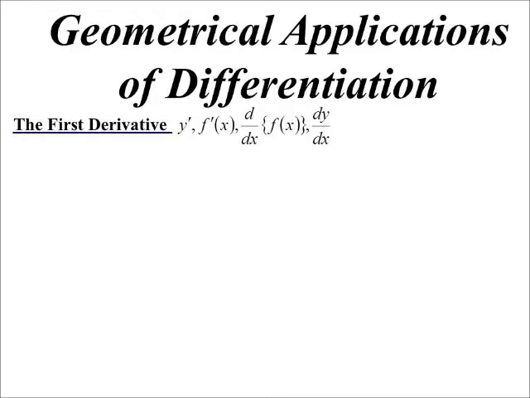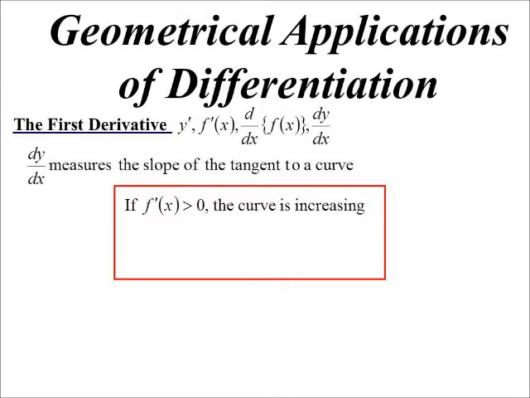Right? And what we saw was it measures, when we're talking about curves, the slope of the tangent, because the derivative is a rate of change. So we're saying, how does y change as the x value changes? What does that tell us? If the derivative is positive, then we know the slope of the tangent is positive.